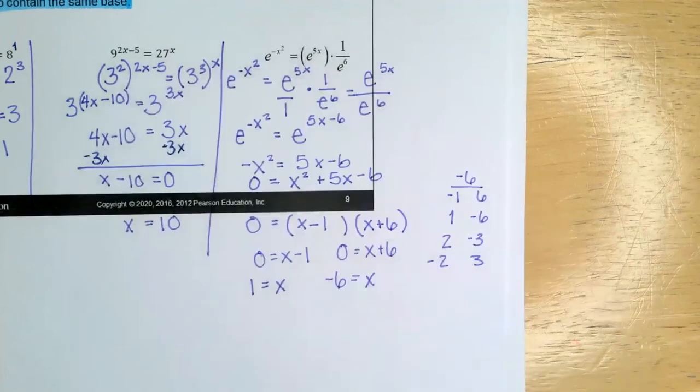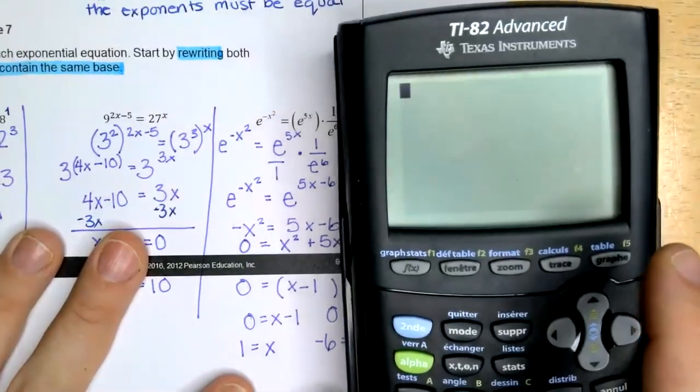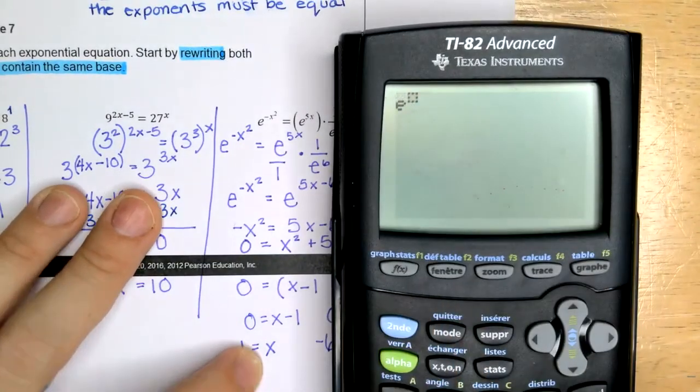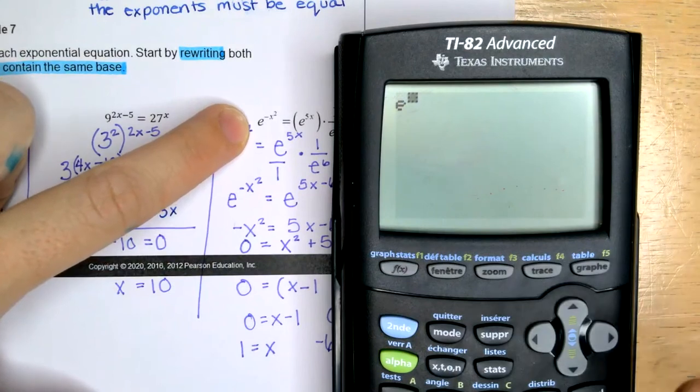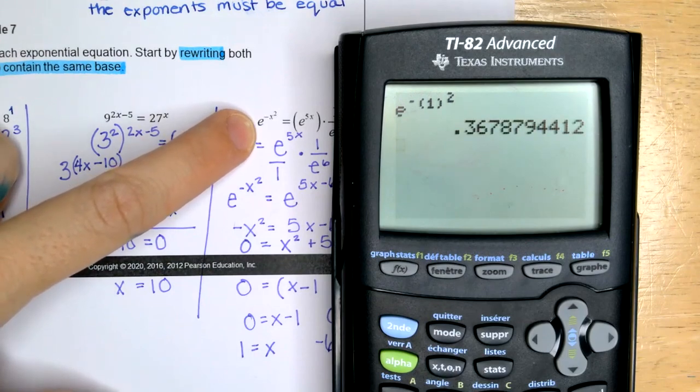All right, let's check our answers. So we have x equals 1. e to the power of negative 1 squared is 0.367879.